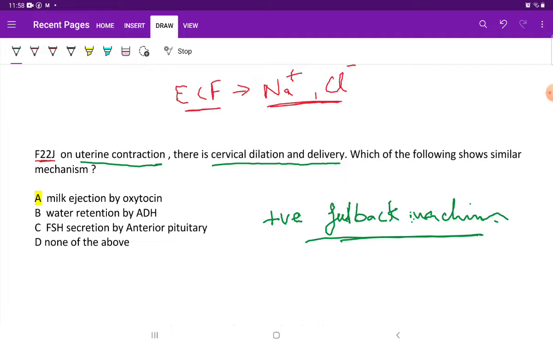Now what is another example of positive feedback mechanism? That is milk ejection by the secretion of oxytocin.